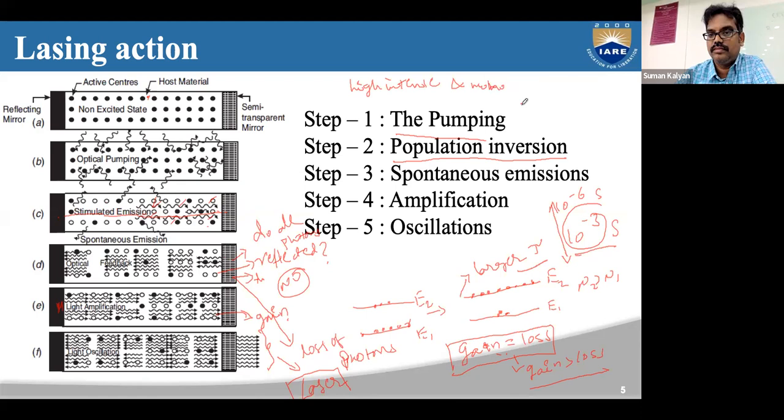Monochromatic, because as you can see here, there will be only a particular frequency, or particular energy, along the axis of this cavity. That's why they will be monochromatic, and because so many photons come out of this particular mirror, they will be highly intense. So this is what lasing action is. This is how the laser is produced.